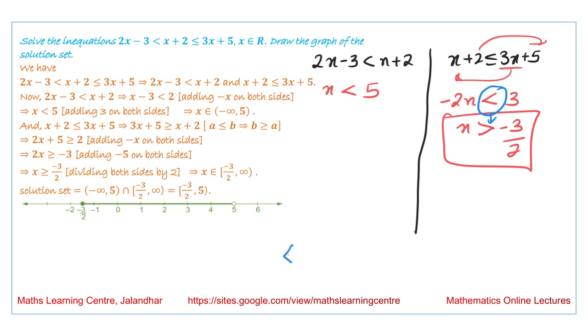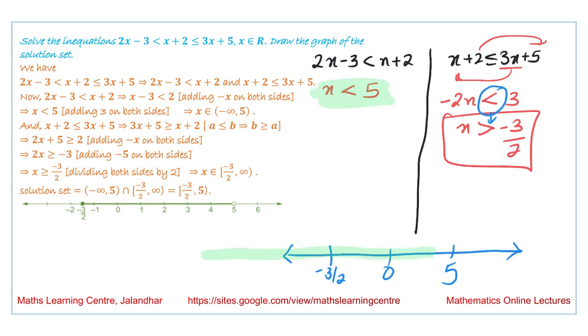If we represent this solution on the number line, we have minus 3 by 2 over here, this is 0, this is 5. The solution set x is less than 5 means we are talking about this portion. It is a less than sign, so 5 is not included. The second part is x is greater than or equal to minus 3 by 2, this portion, and this point is included.